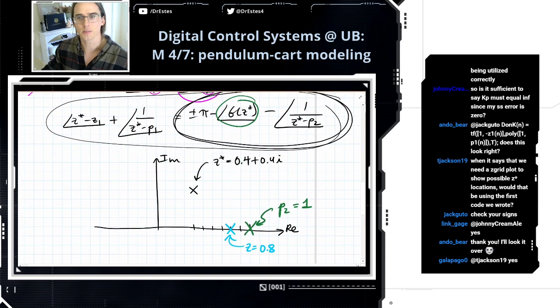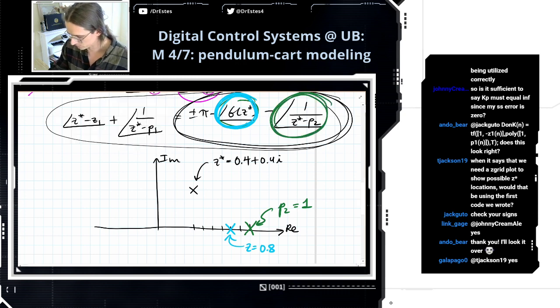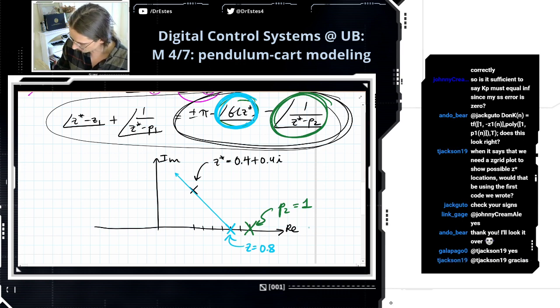So what I'm going to do is get the angle contribution from G, which I should have done in this blue color, and then get the angle contribution for this pole in green. The way you can do that graphically, let's start with G. You draw a ray from this pole through the desired pole, and you calculate this angle with respect to the positive real axis.